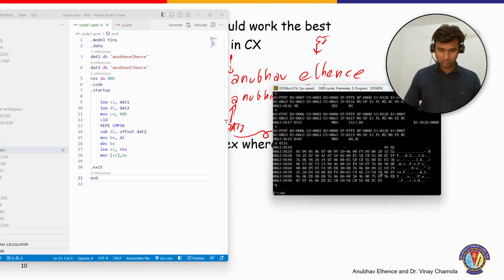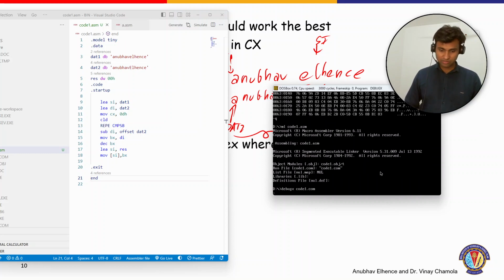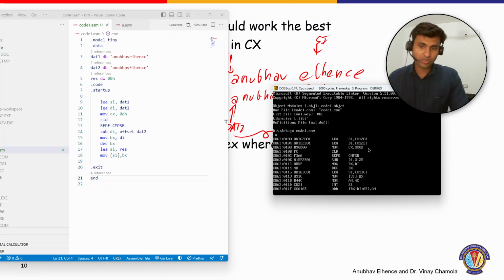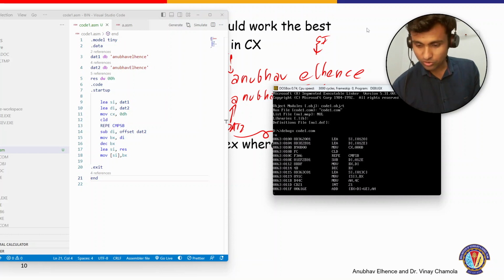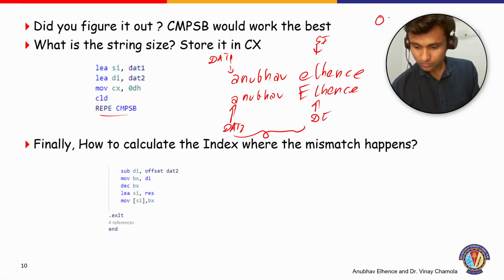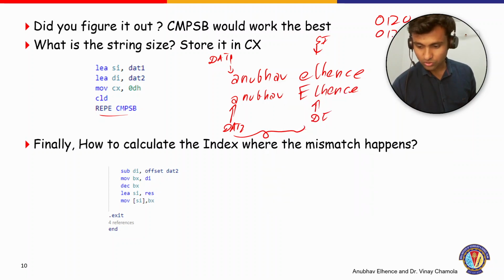So ML code1.asm and debugx code1.asm. So here you see that that one, that two are getting loaded, so I'll just note them down: 0120, 0120, and we have 012e.